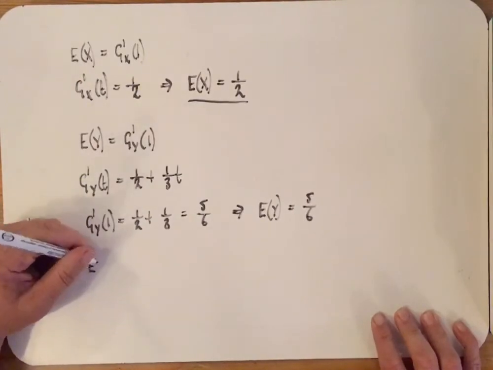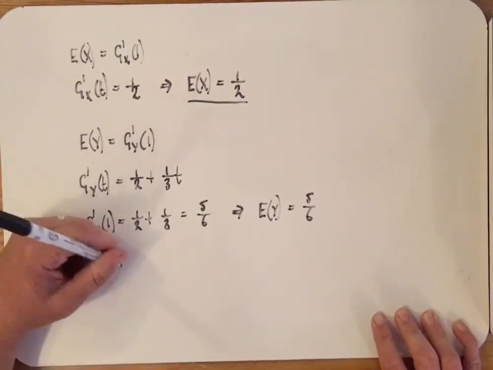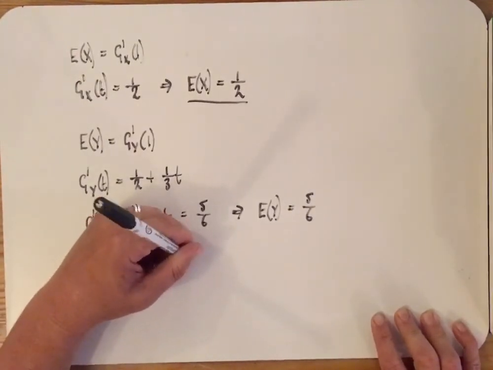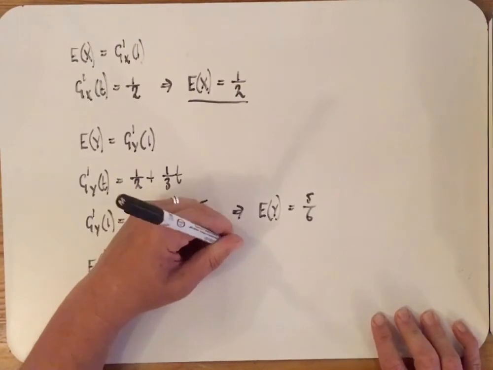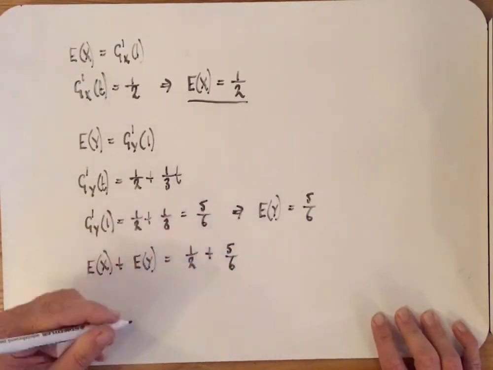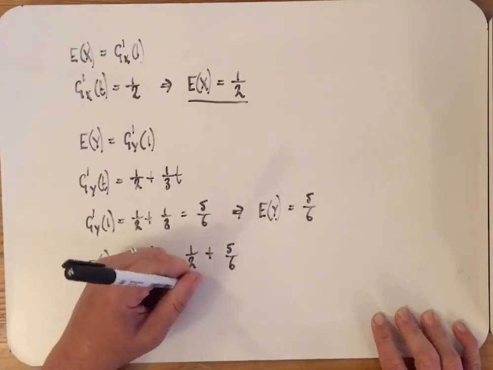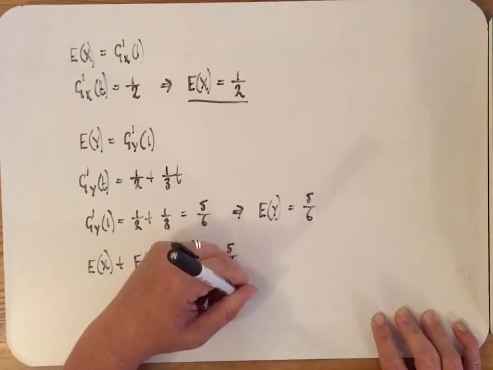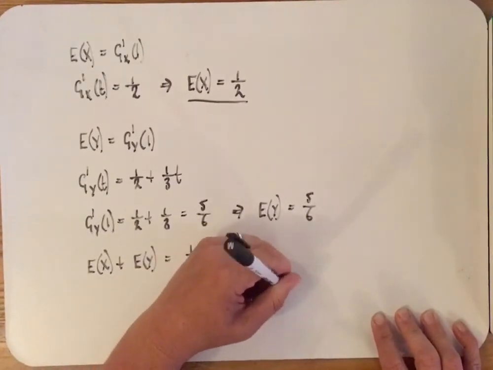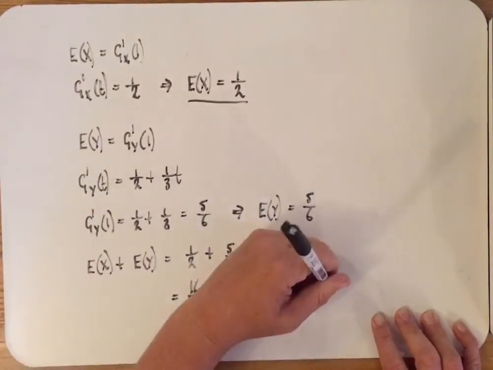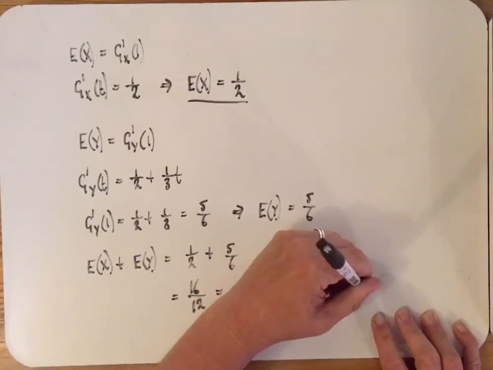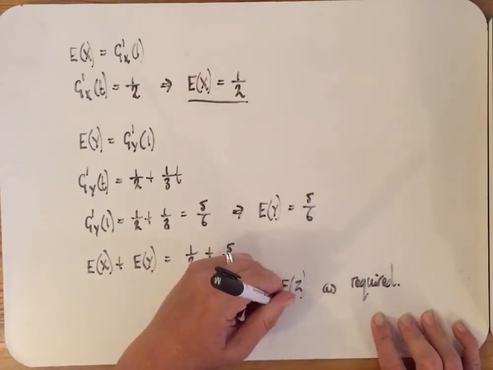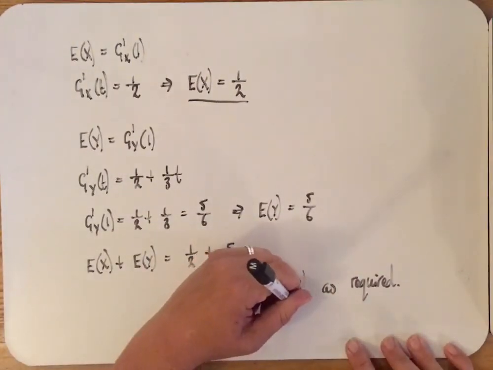And if you do expectation of x plus expectation of y, you get a half plus 5/6, which is 16 over 12, which is 4 over 3, which is the expectation of z as required. So it's kind of what you want it to be with the expectation. It's not a result you need to know, but that it will always be the case.